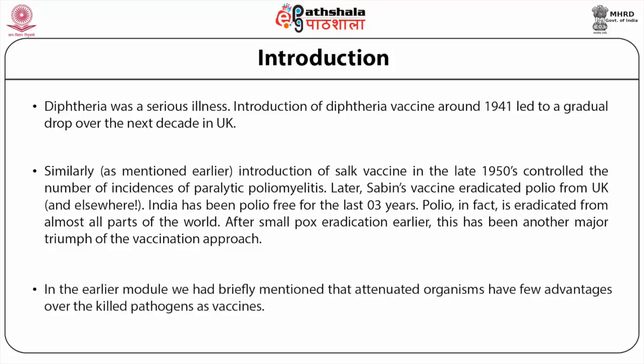In the earlier module, we had briefly mentioned that attenuated organisms have few advantages over the killed pathogens as vaccines. Parasitic worms and protozoa, to some extent, pose challenges in scaling up their production. So, using them in killed form for use as vaccines is impractical. Hence, this and few other considerations have led scientists to try attenuation of such organisms.